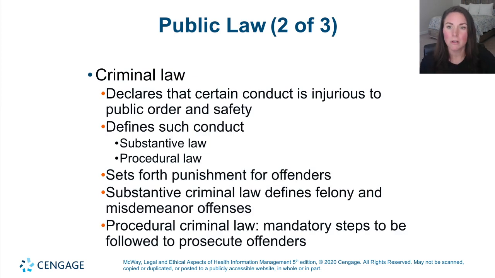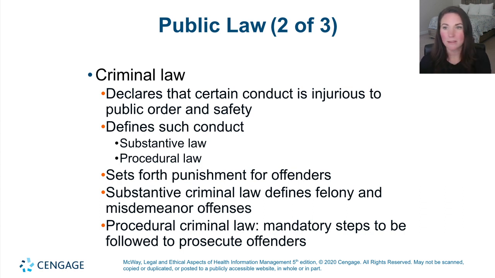And criminal law can be divided into two categories. So we have substantive law that defines like the specific offenses, whether it's a felony or a misdemeanor, what the liability would be, what the punishment would be. Procedural law is more of the steps through which a case passes.